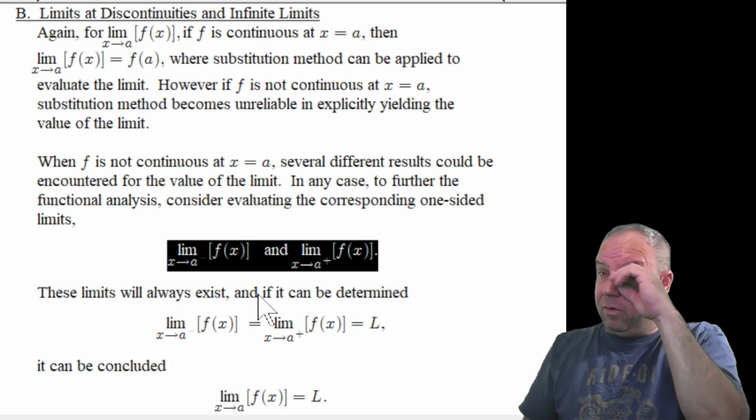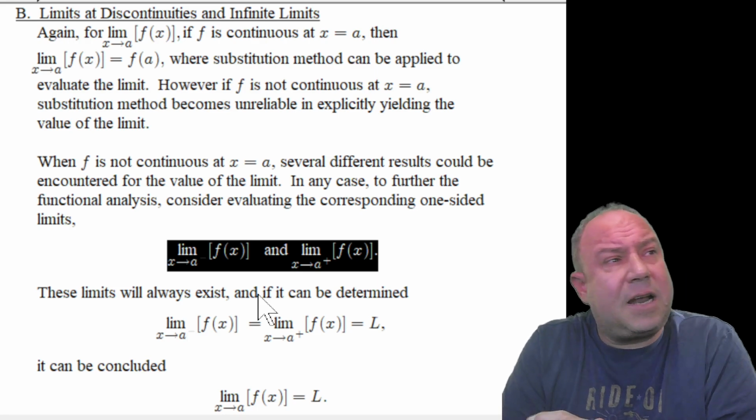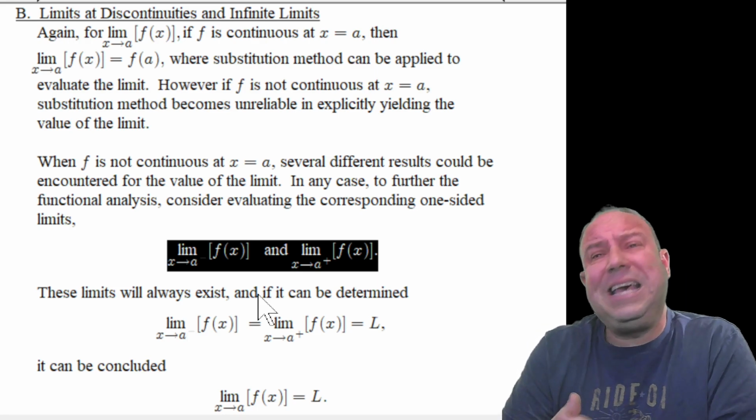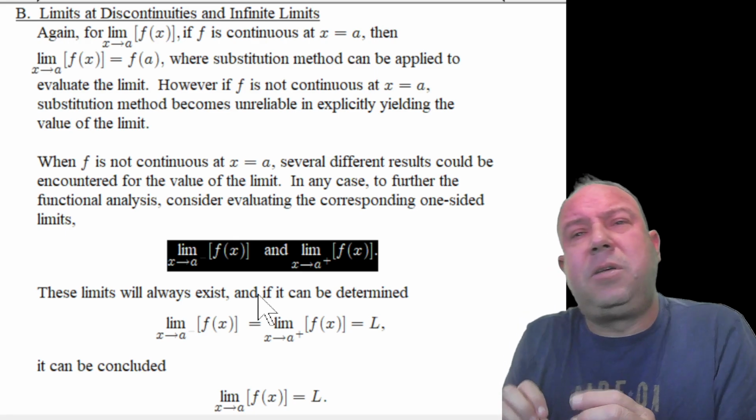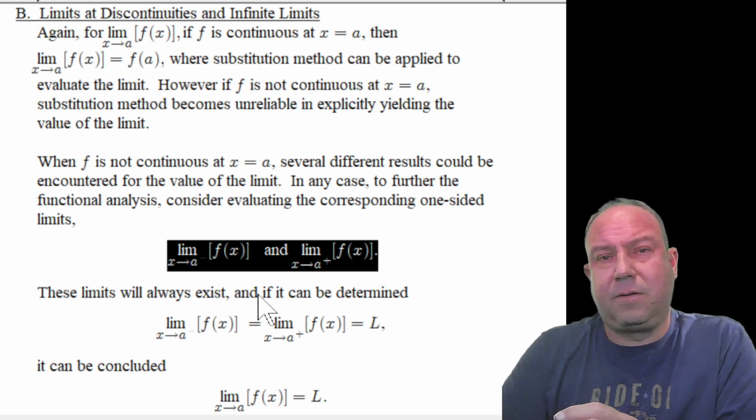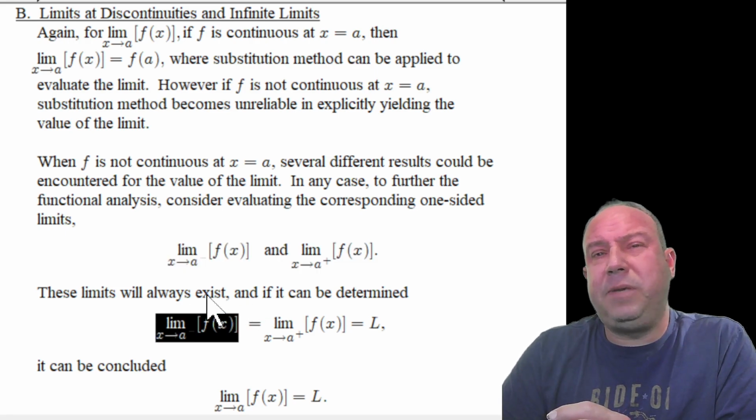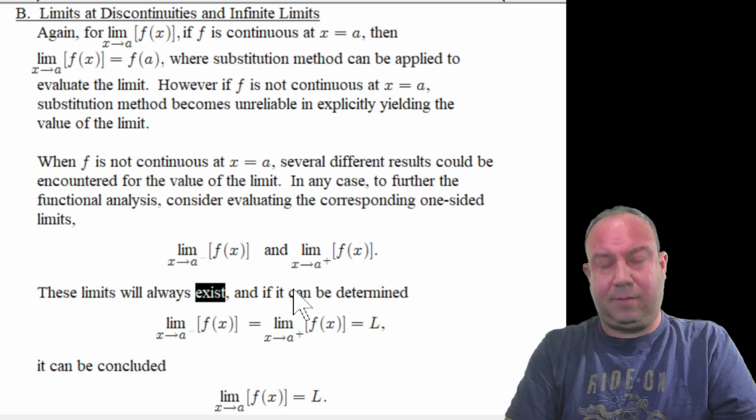If we remember in theory, the left and the right hand side approaches are always going to exist. Well, I should say they're always going to be able to be evaluated. They can always be evaluated.